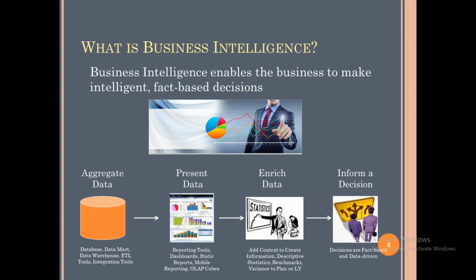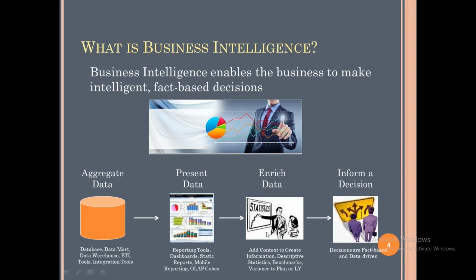First, we are going to aggregate the data. As I told, it's the ETL process. We are going to aggregate the data from heterogeneous source systems into a data warehouse, and then present the data in reports by using any reporting tool like Tableau, QlikView, Power BI, or any of the tools.